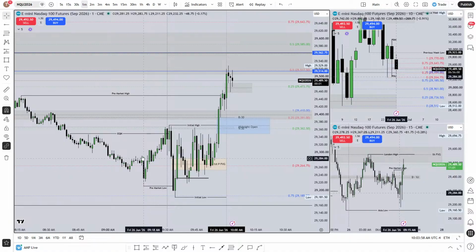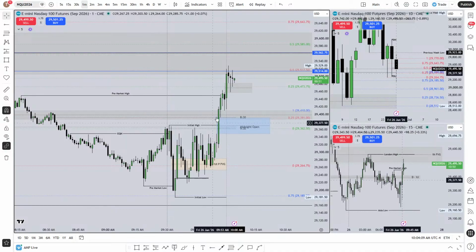So now all we've done for the morning is go lower, engineer equal lows, and move higher. Now it's 10 a.m. So to me, this is so far looking like an opening range Judas swing. If we could poke above here and then start to show displacement lower, I'd like that.